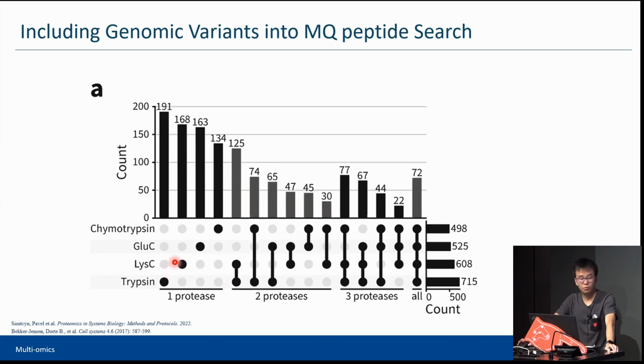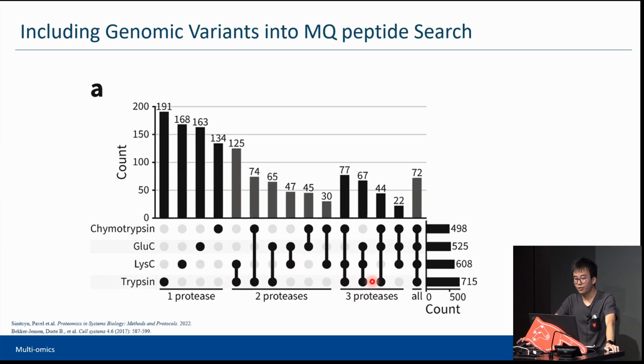With this workflow, we were able to quantify the unique variants identified by a single protease or a combination of different proteases. This figure shows non-synonymous variants seen in different combinations of proteases.